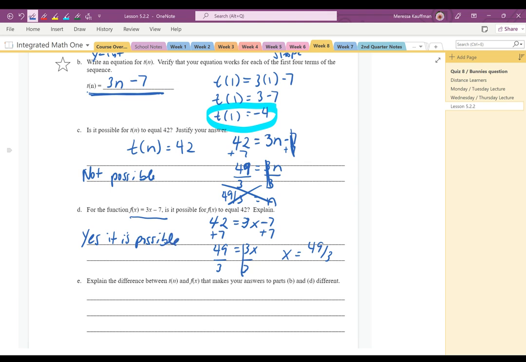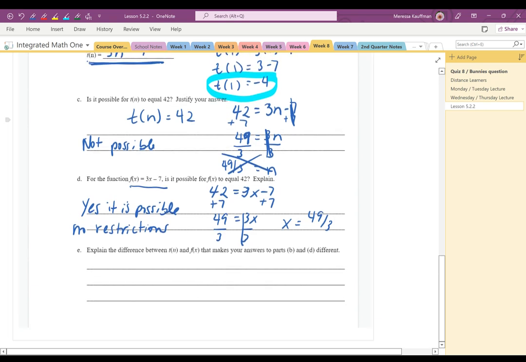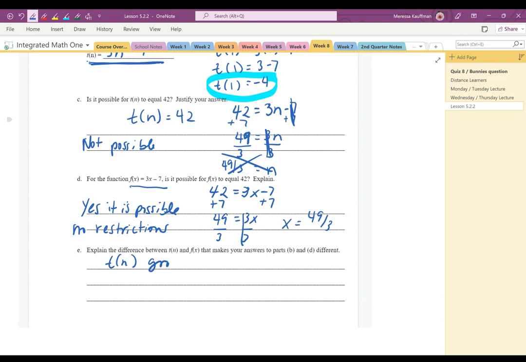Because we have no restrictions of that sequence or that common difference. We want every point on that line. So let's sum that up in this bottom sentence. Explain the difference between t of n and f of x that makes your answers in part B and D different. So t of n grows by common difference.